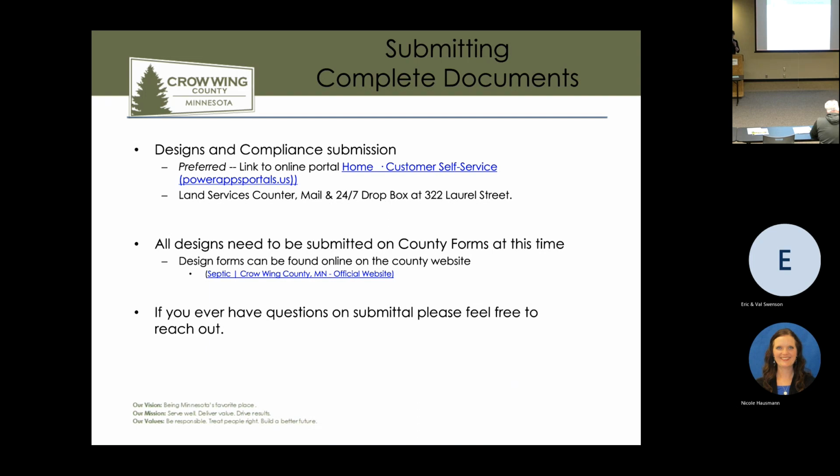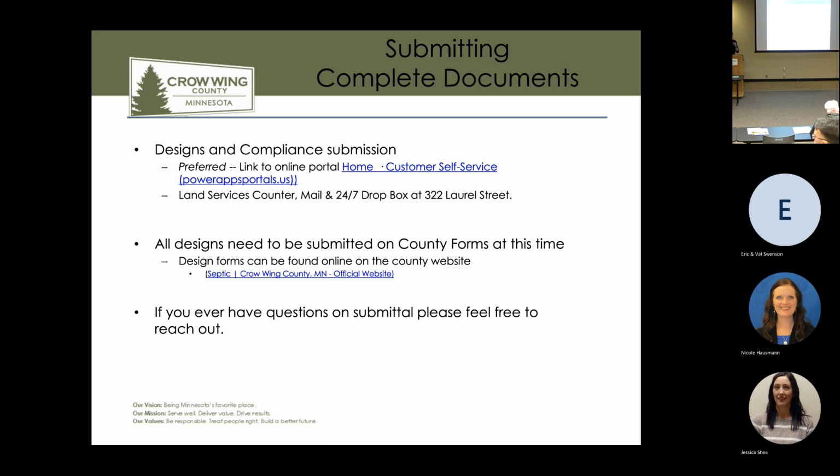Our preferred method for submitting documents is our online portal. All of these things should be live and will be distributed when we send this PowerPoint around to everybody that has given us an email address here.